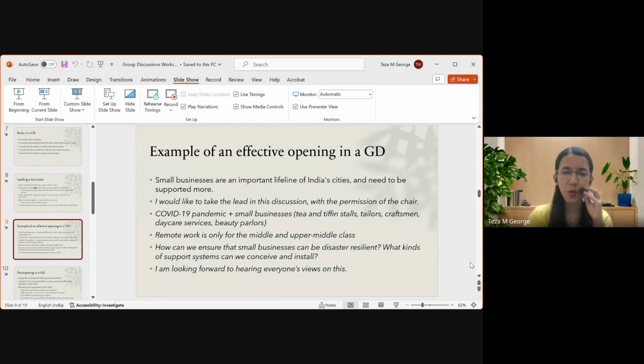stronger? Okay? If you notice this, the leader is not exactly using statements here. The leader, on the other hand, is using questions here. A question is always something that is posed with the intention of inviting an answer.